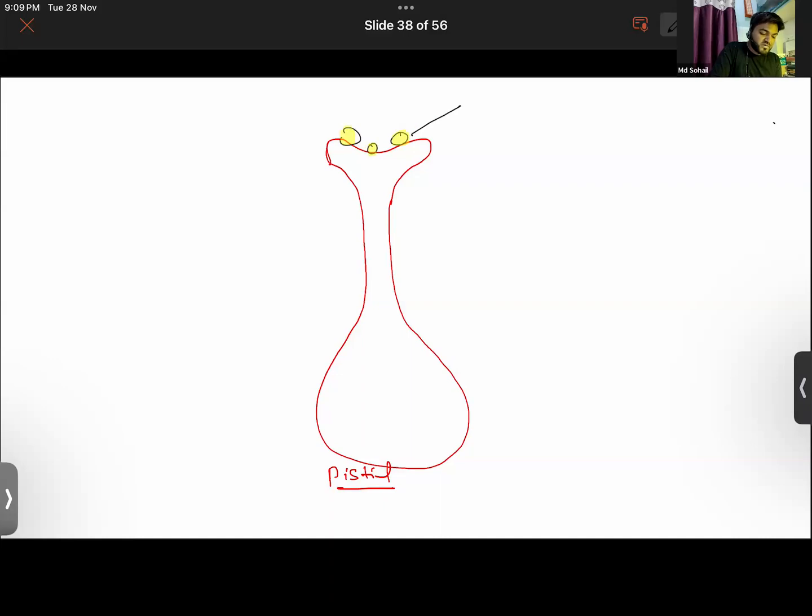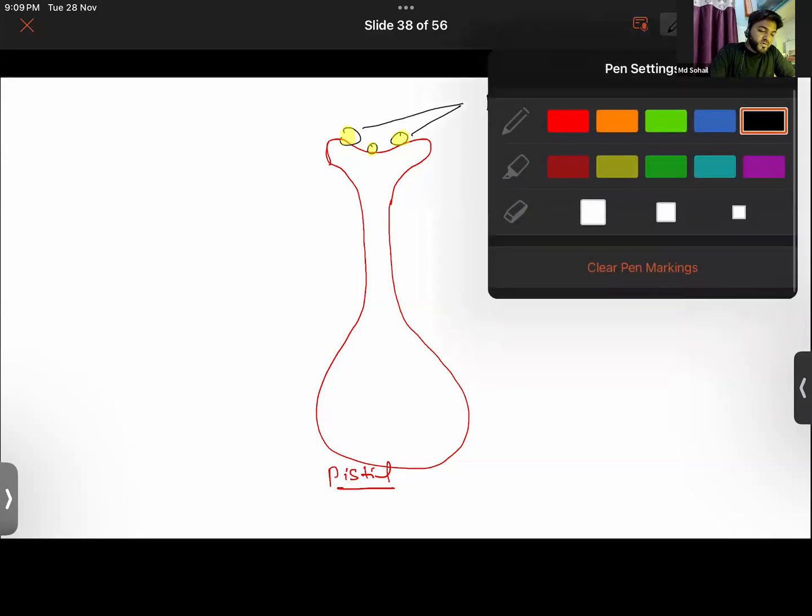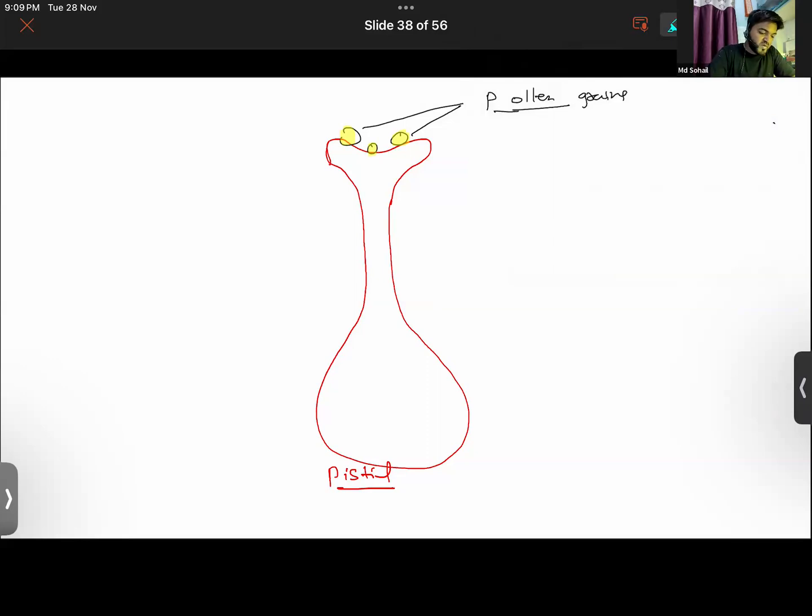What are these structures? Pollen grains. And where do they come from? From the anther. Good. Now, once they have landed onto the stigma, they will form tubes here.